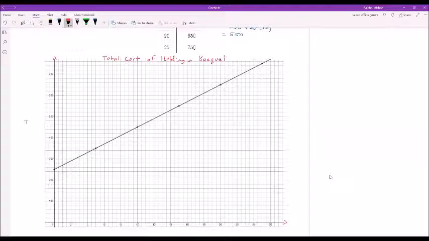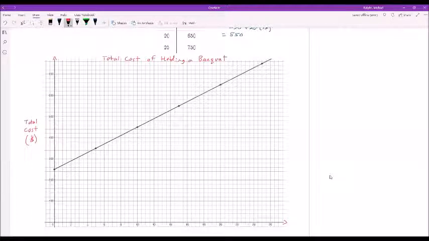So here we've got the total cost. This is a label. We need to label our axes, and the units for this is in dollars. And then we're going to start at 0. Now, not every axis would start at 0, but in these cases, I like to start at 0, so we have a little bit of reference to how far these things are from 0.